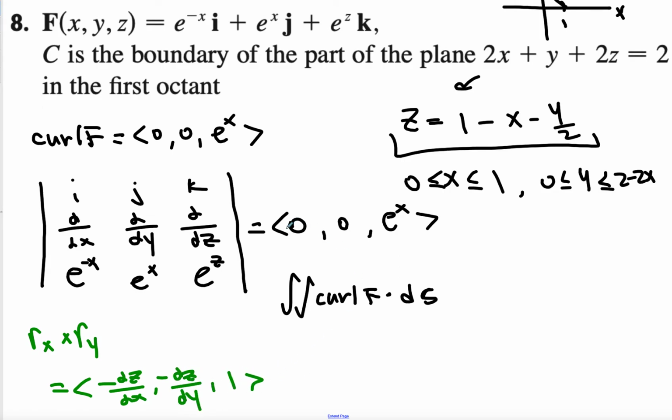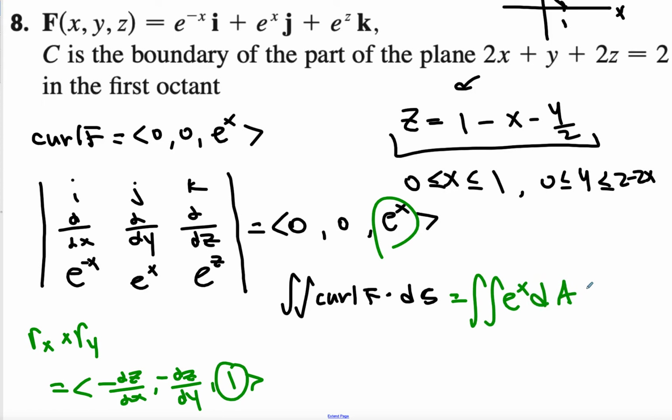But since the x and y components are equal to 0, when I dot this one with this, we are only left with the last component, which is equal to e to the x dA.